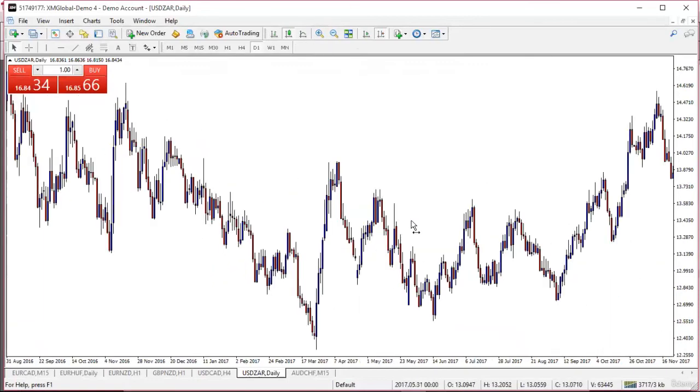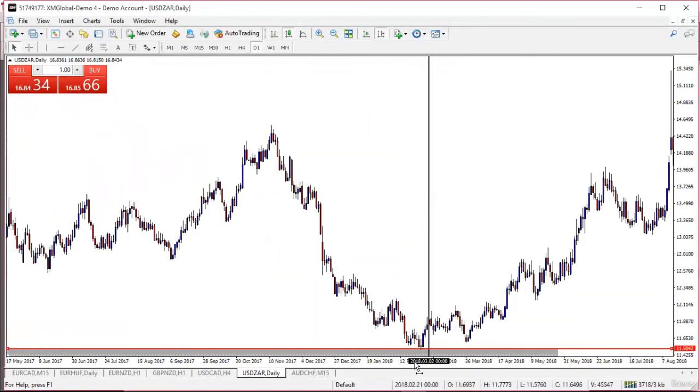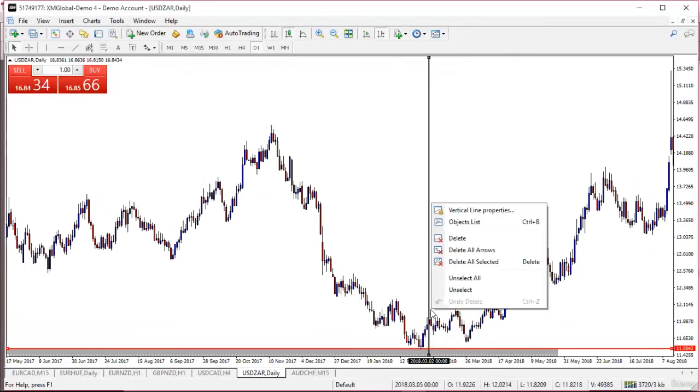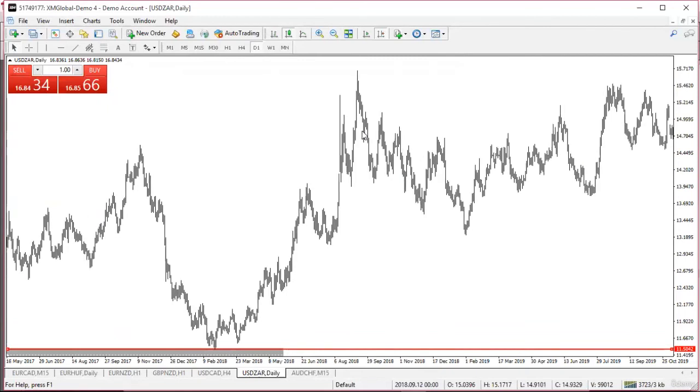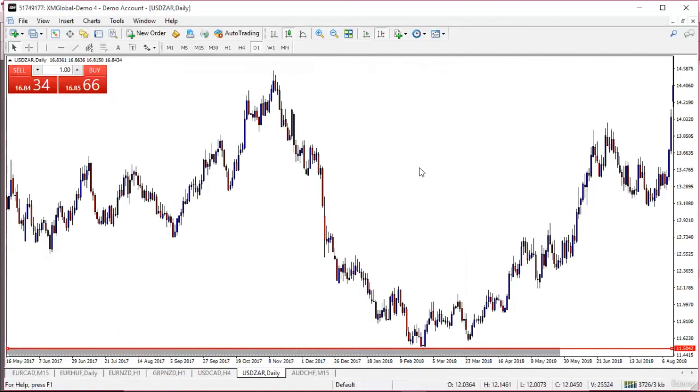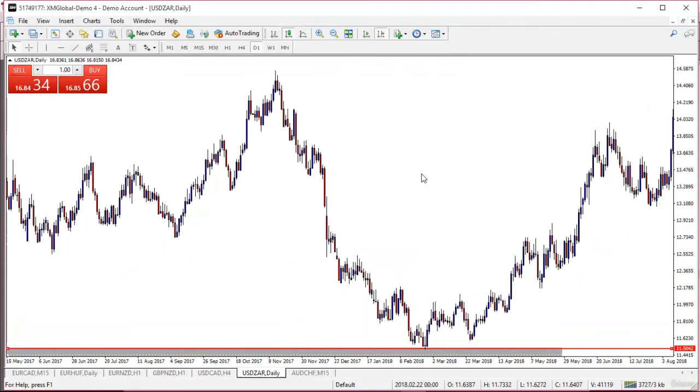Like this. Then we have that bottom one, bottom two. Neckline is just around there. So you wait for a solid break and you wait for a candle close. If it doesn't close, it's not yet to the moon. This one didn't have it.